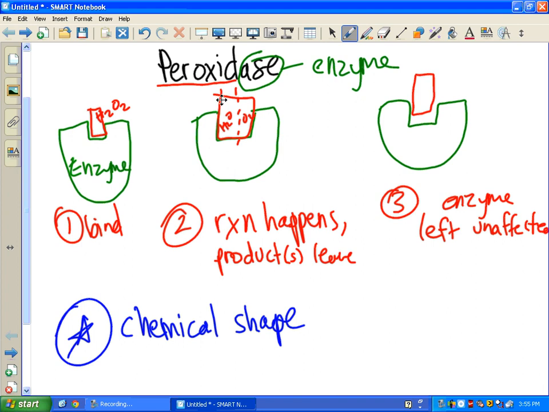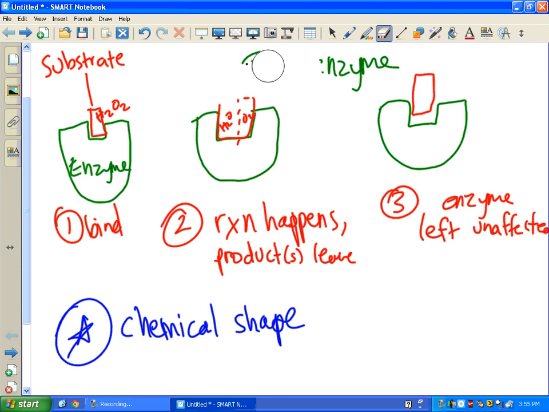Now this red that I have here has a general term, and that is substrate. So what we have is enzymes and substrates.